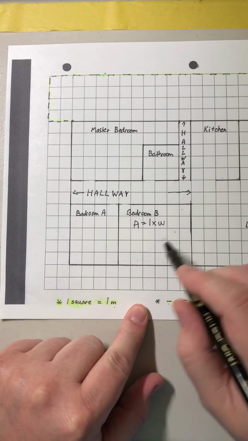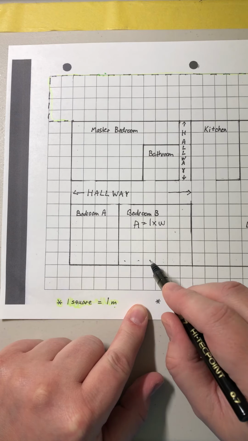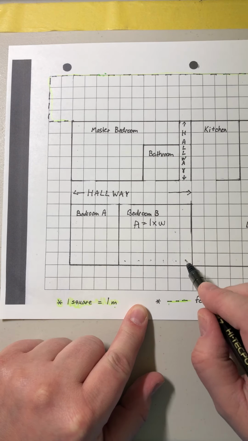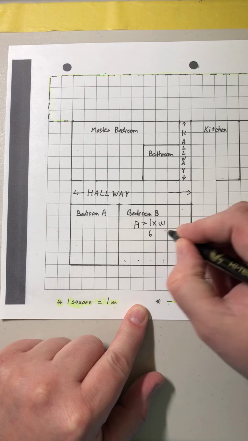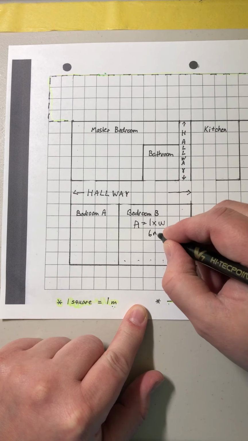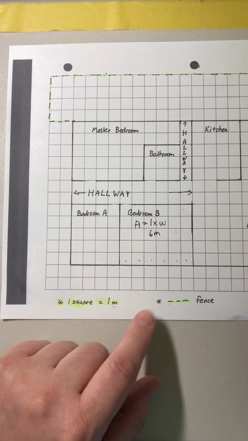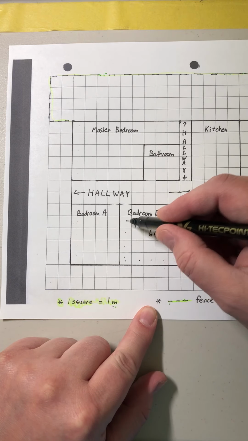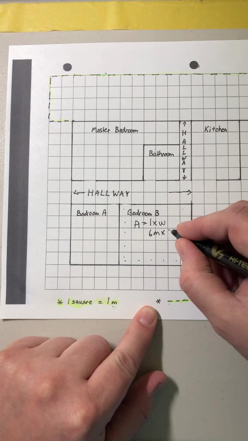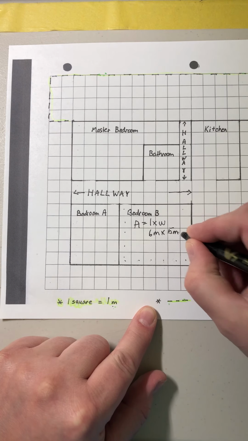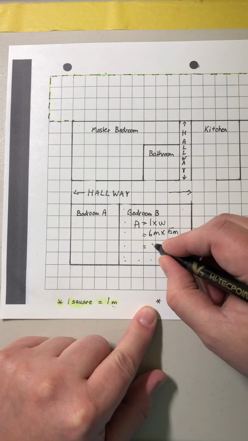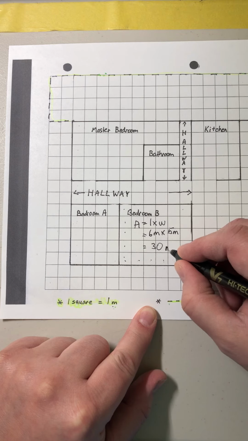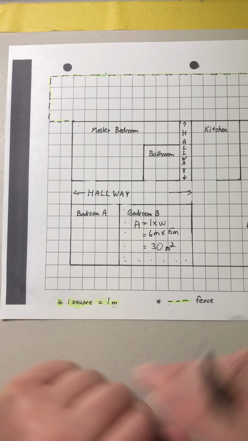So how long is this bedroom? 1, 2, 3, 4, 5, 6. So it is 6 meters, because each square is a meter long, times 1, 2, 3, 4, 5. And it equals 30 meters squared.